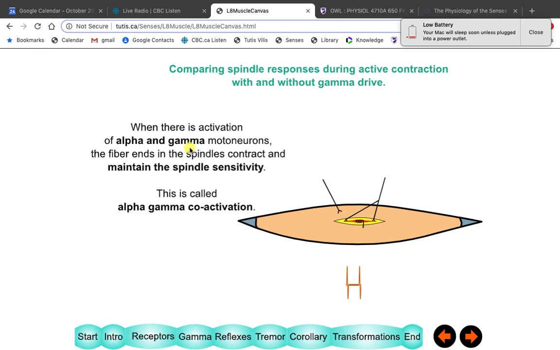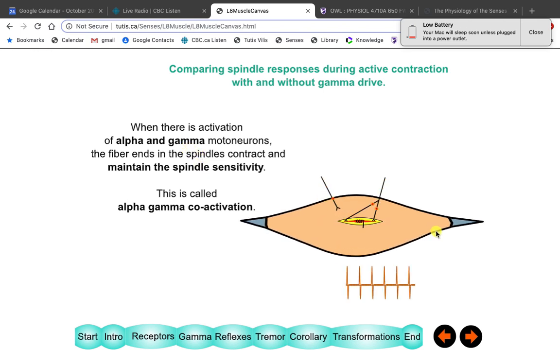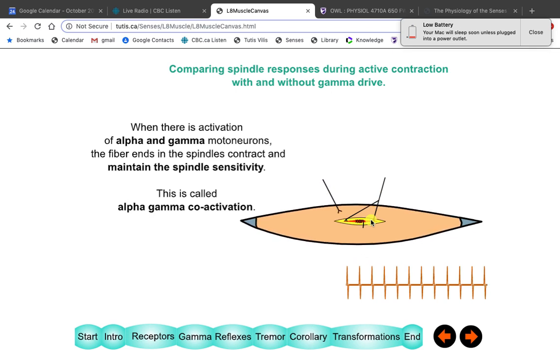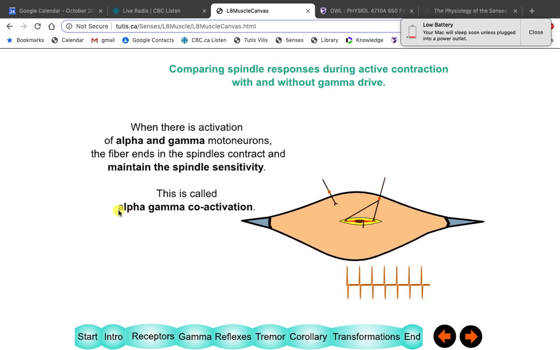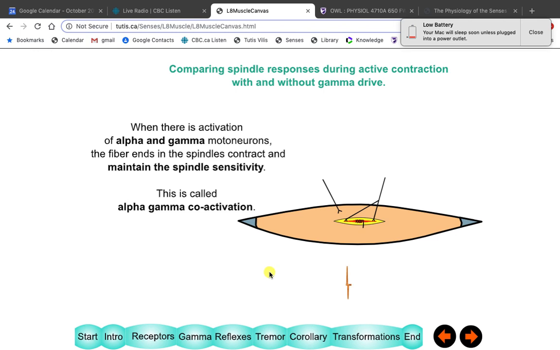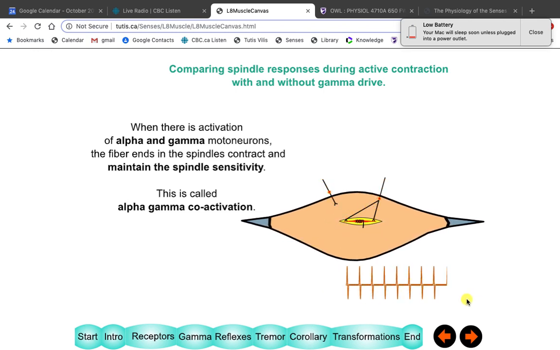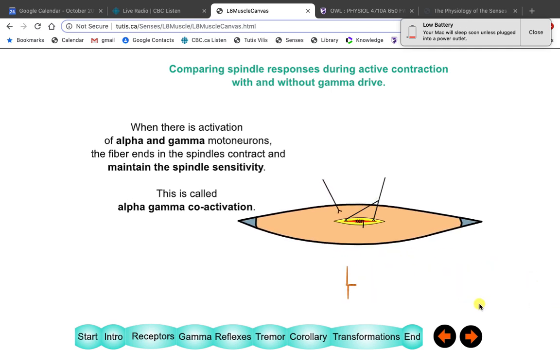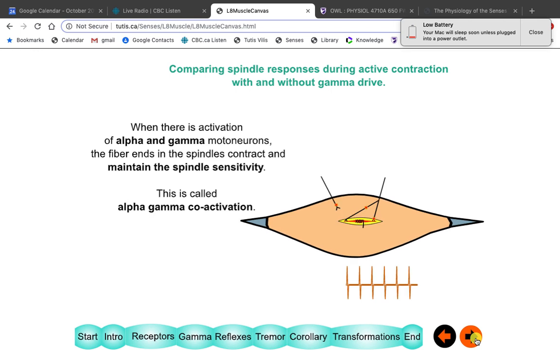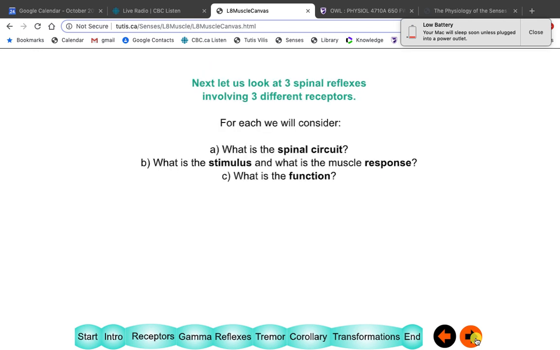The gamma ones are the ones that activate the spindles. So when you contract both of them together, that's called alpha-gamma coactivation. And when you do that, you maintain the spindle sensitivity and you have no pause in activity. And there are situations where you want that to happen.